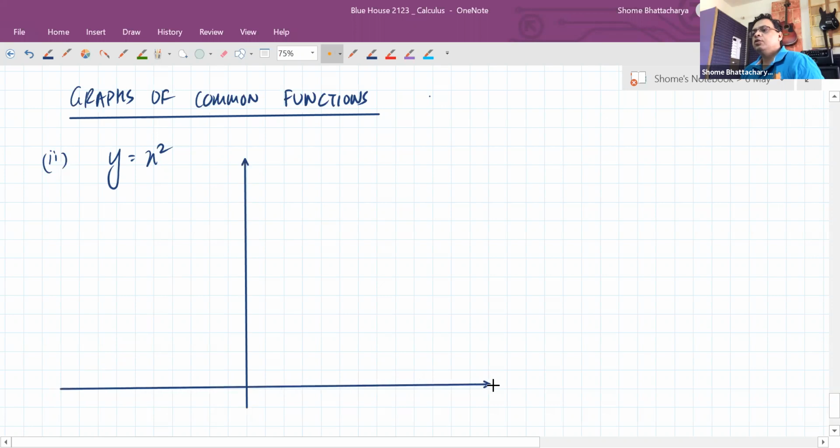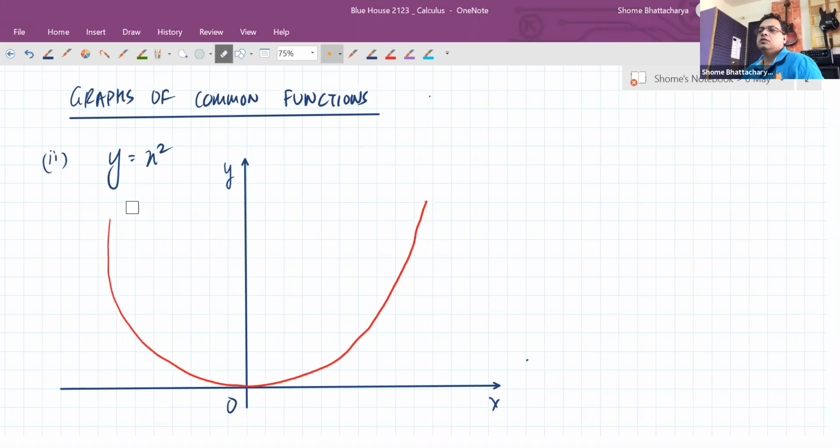This is a more interesting example of a graph compared to the linear function that we were discussing earlier, because it has this kind of a shape.